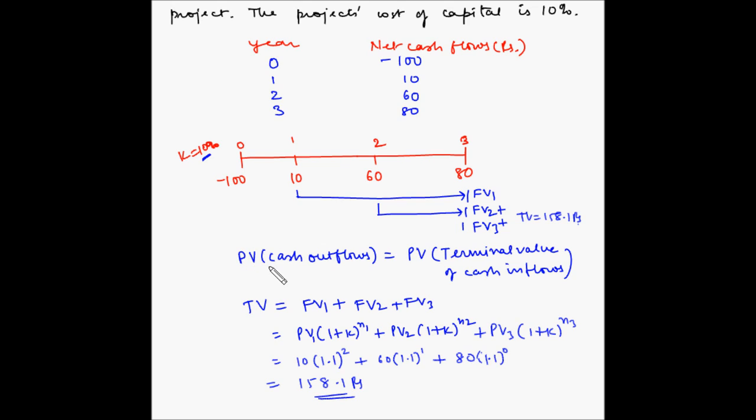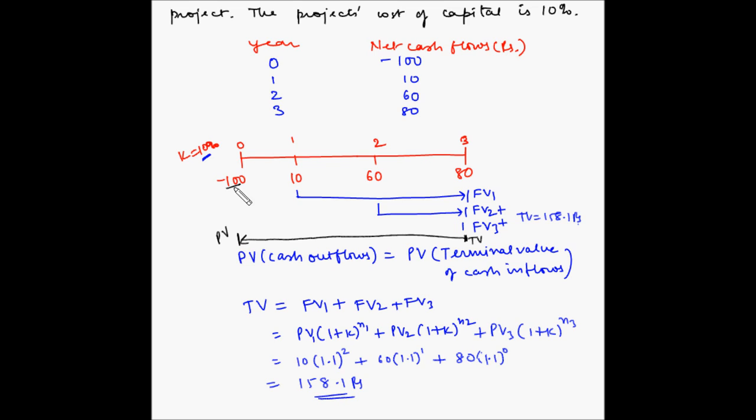So here we know the present value of cash outflows. There is only one cash outflow and its value is at the present value. We know the terminal value of the cash inflows, which is 158.1. Now this terminal value has to be brought to its present value.